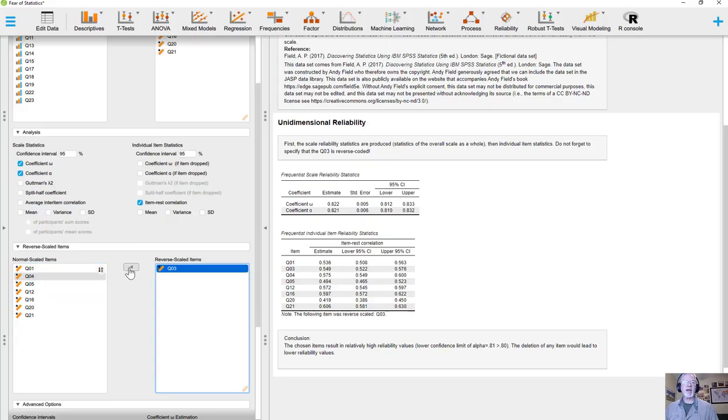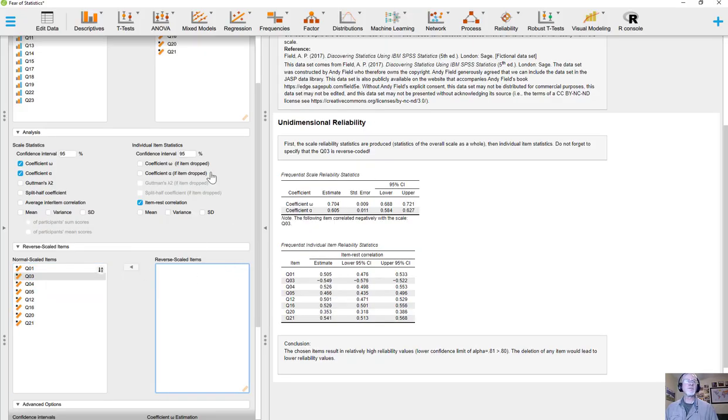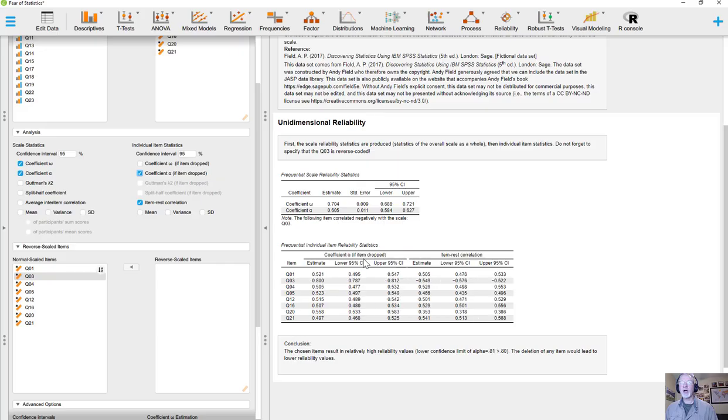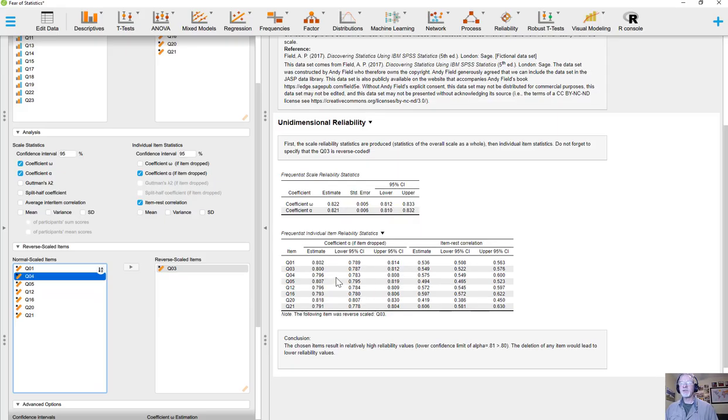Let's take that back out for a second, and let's look at coefficient alpha if the item was dropped. You notice that if you dropped item 3, the coefficient alpha would jump up from 0.605 to 0.8. Of course, that changes when we correctly put item 3 back as a reverse scaled item.